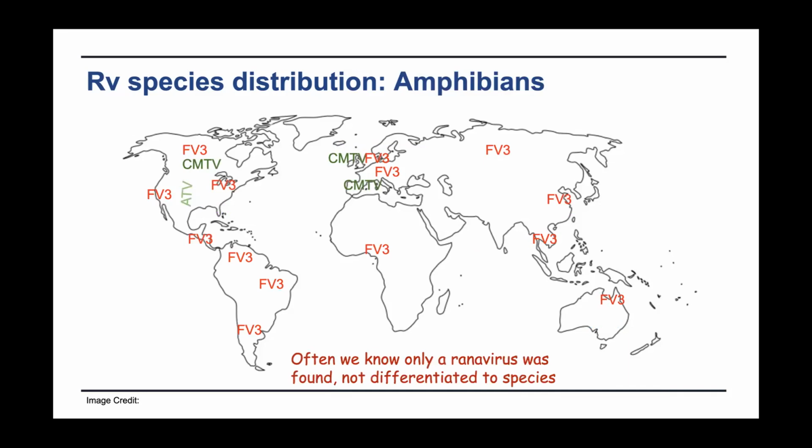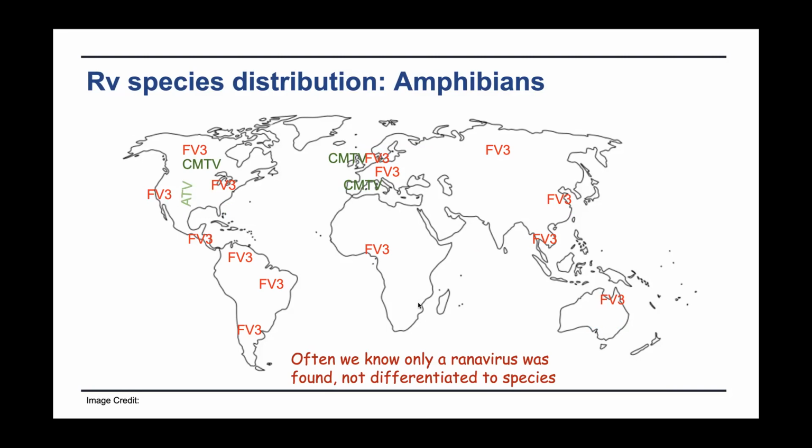For amphibians, I think in large part because people have been looking at amphibians and amphibian disease around the world, the distribution is a little bit broader. FV3, the type virus, has been found essentially everywhere. CMTV has been found more recently, and I think we're finding it more and more often. And again, ATV is a bit unique in that it's only found in Western North America.